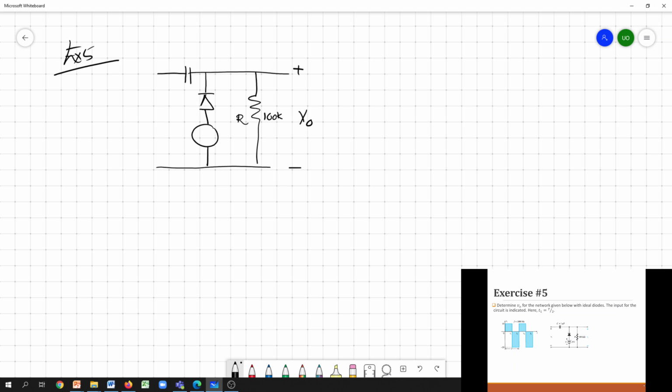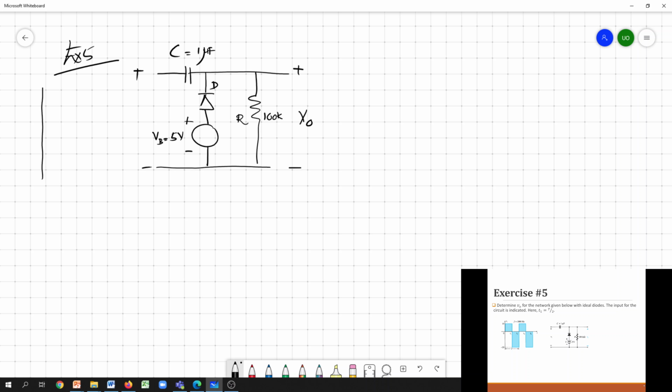is defined as the output voltage. This biasing voltage VB equals 5 volt, and we have a capacitor of 1 microfarad. We have a diode as well, and the input is a periodic function like this.